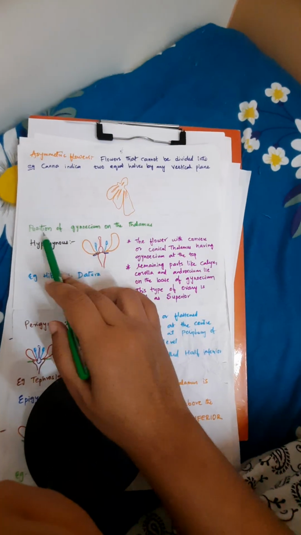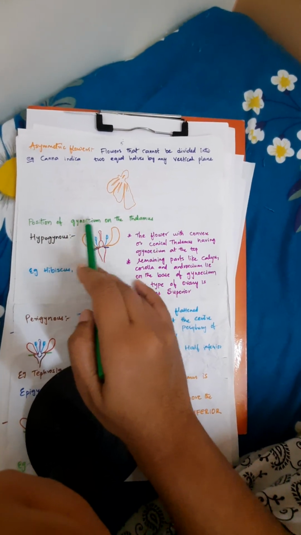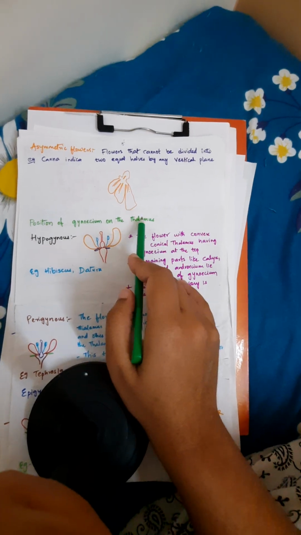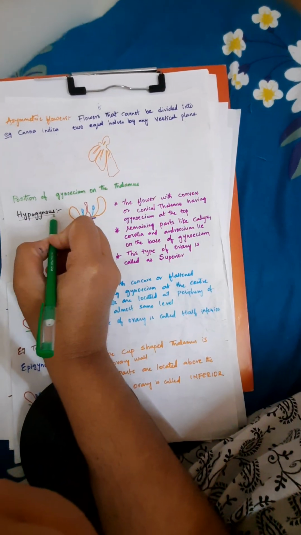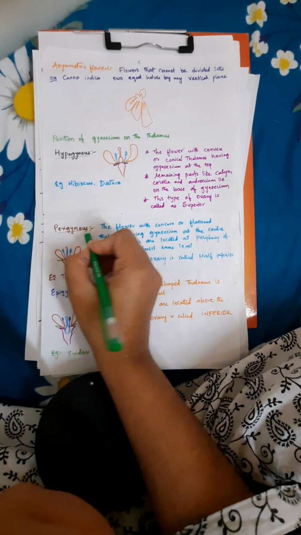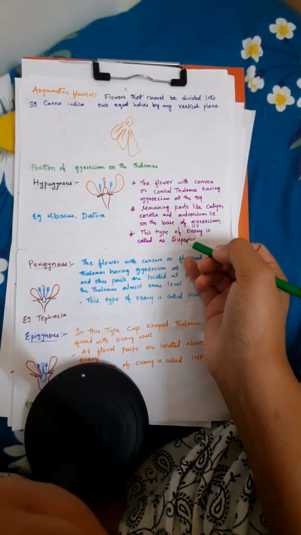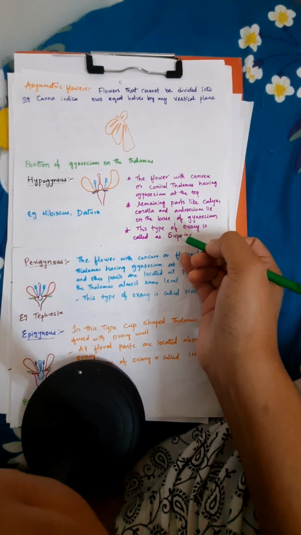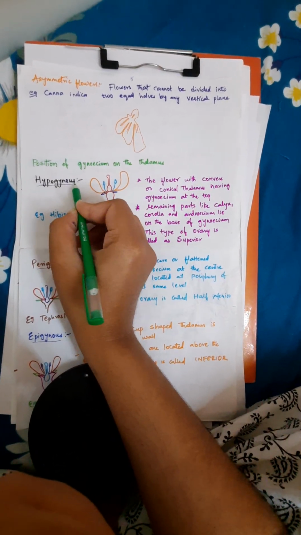Then position of gynoecium. Based on the position of the gynoecium on the thalamus, flowers are again of three types: hypogynous flowers, perigynous flowers, and epigynous flowers. Let us see one by one what these are and how the arrangement is. First we'll see the hypogynous flowers.